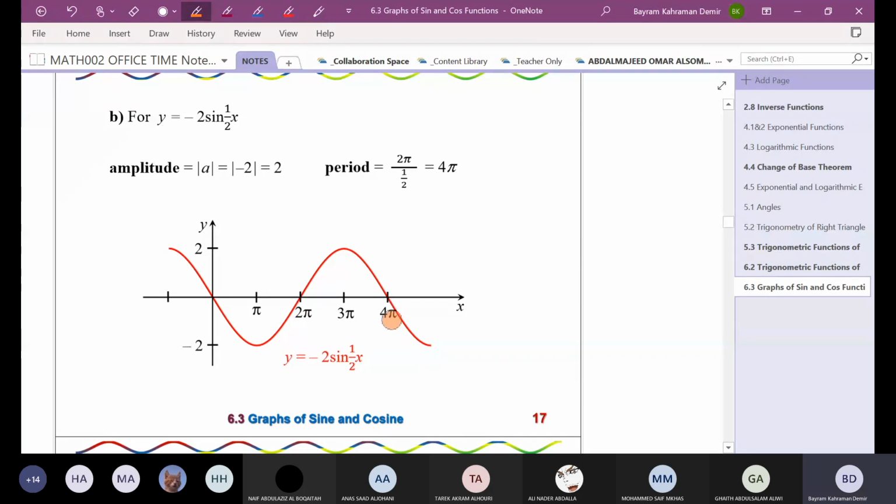Doctor, how does the cos change if it has a negative? The graph is going to turn upside down, right? The reflection across the x-axis. Even for the cosine, yes, the same thing.